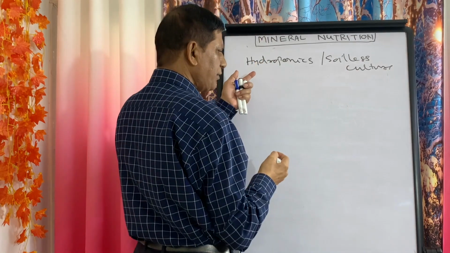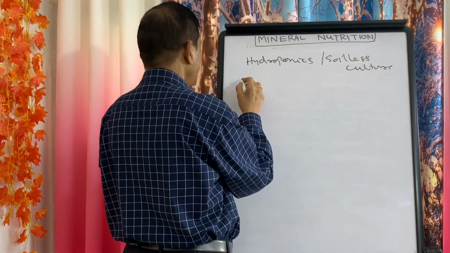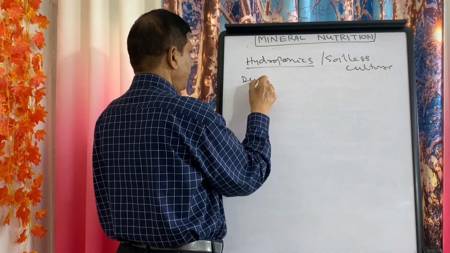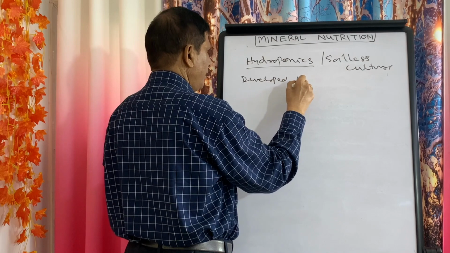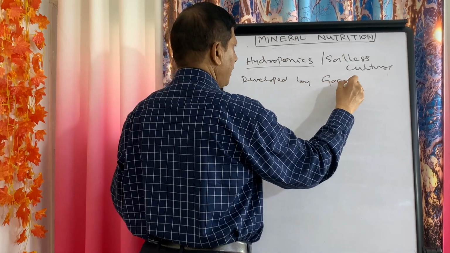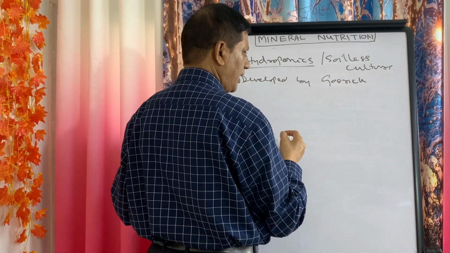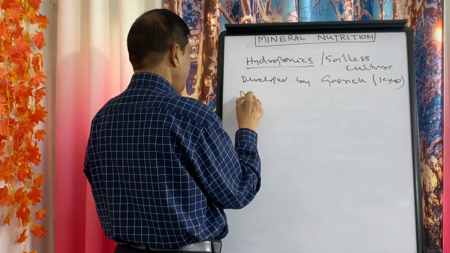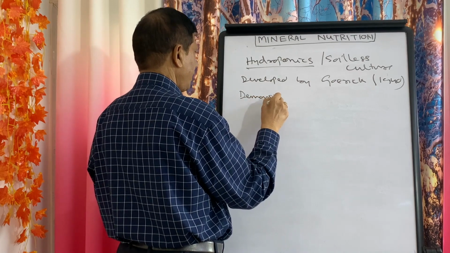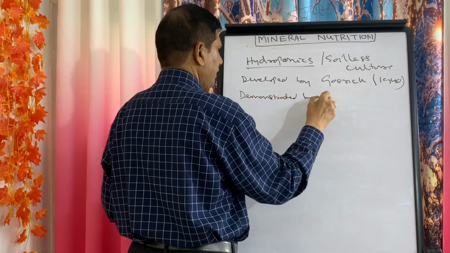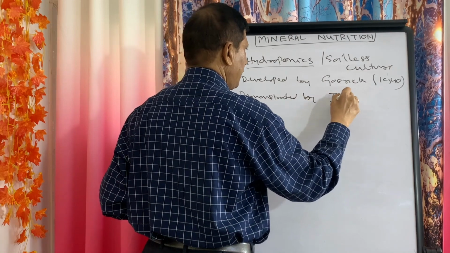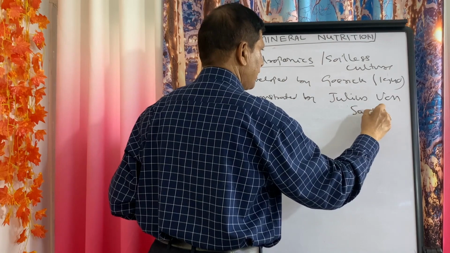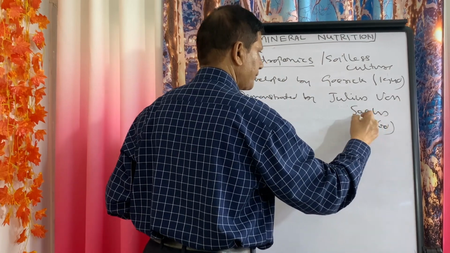And this idea of hydroponics or soil-less culture was first developed by Gericke in 1940, and demonstrated by Julius von Sachs in 1860.